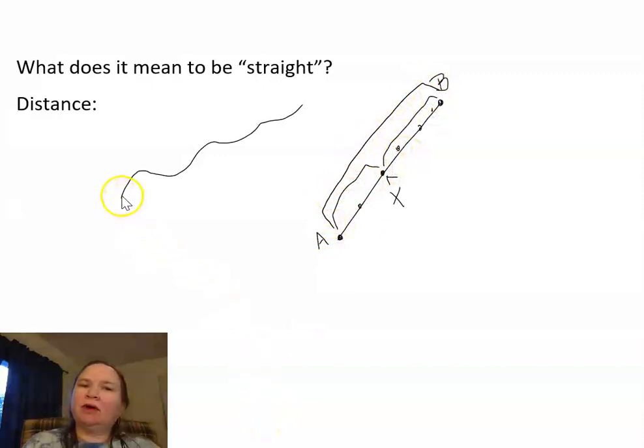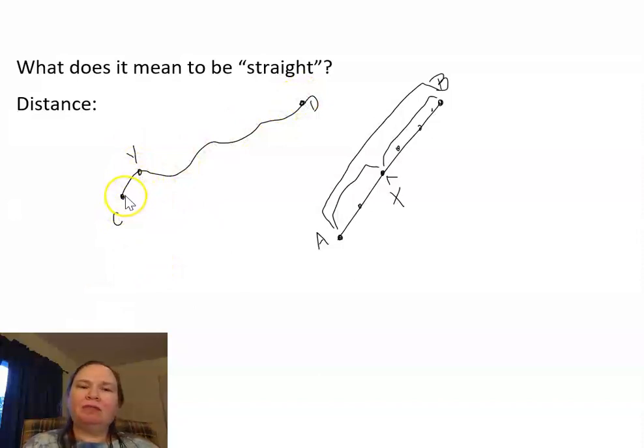Now, if I had a curvy path, that should not be true. So let's use C and D, and I'm going to pick Y as my variable to represent any point on that path.